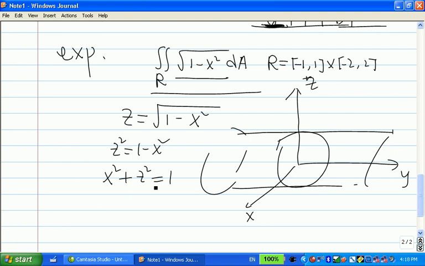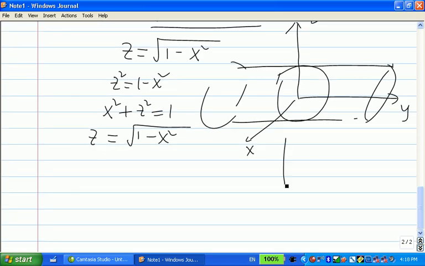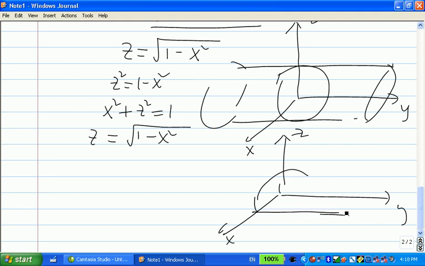Now, since you solved for z, if you only take the positive sign, it gives you the top half of that circle as a cylinder. Like that.